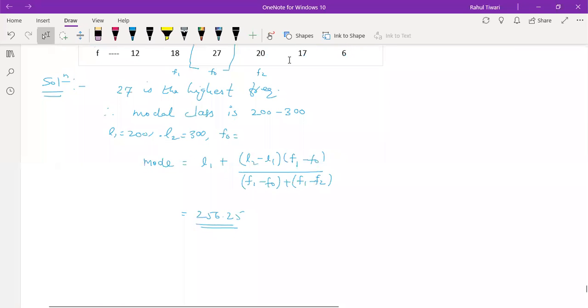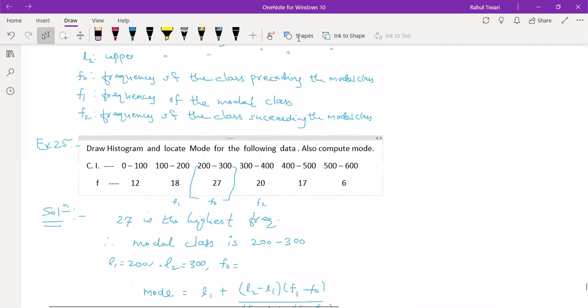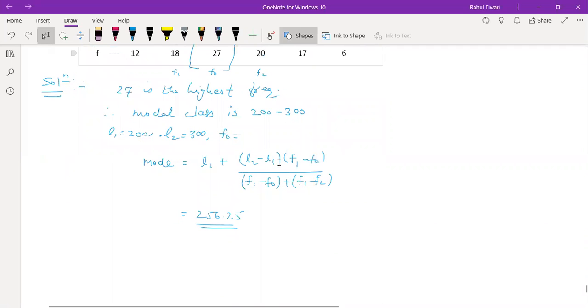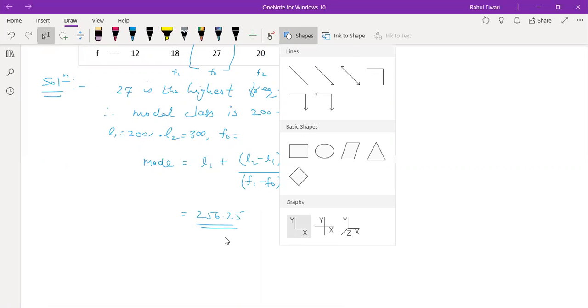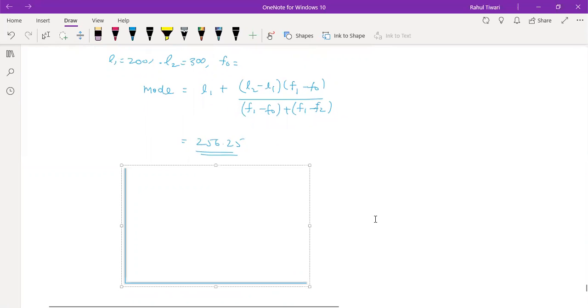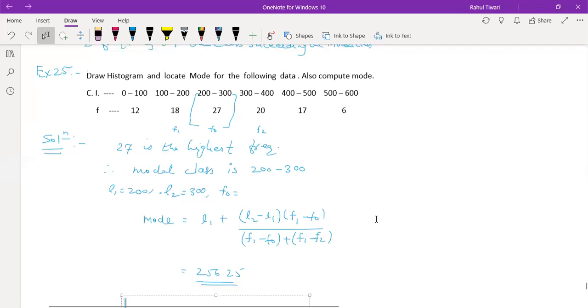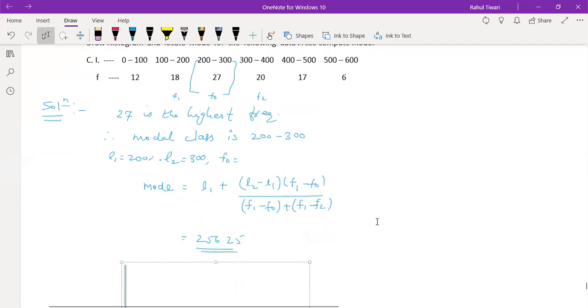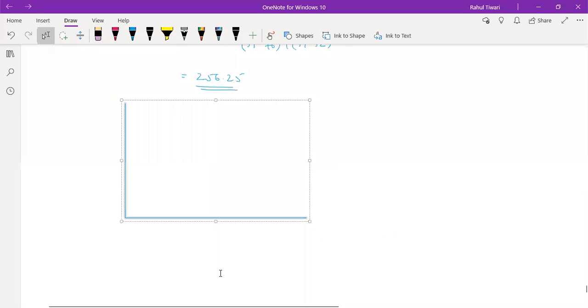First you draw the histogram. Let's draw the histogram. I hope everybody knows how to draw a histogram. While drawing the histogram, take all class intervals properly.